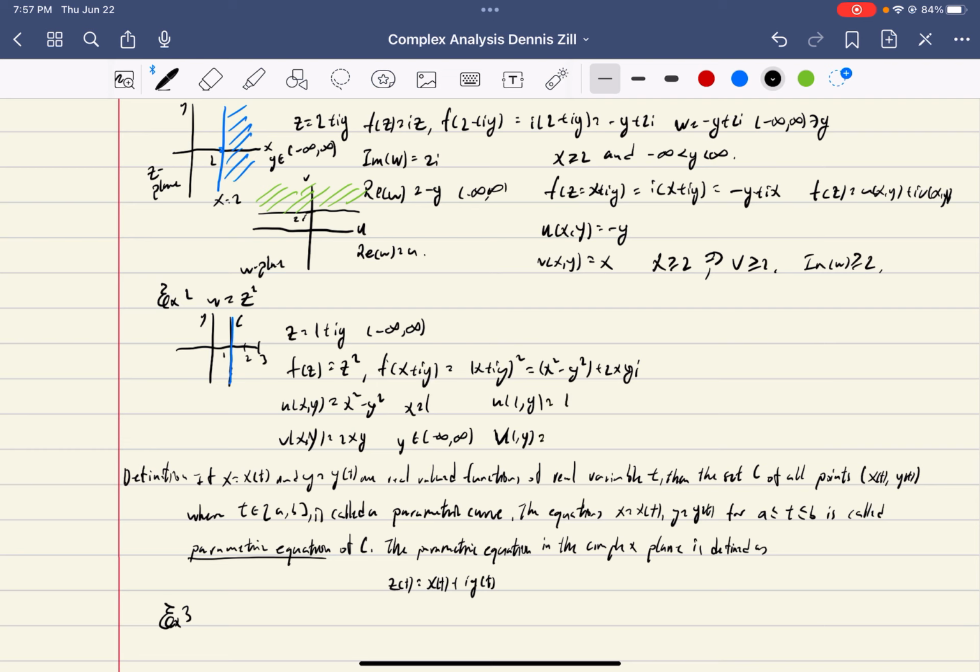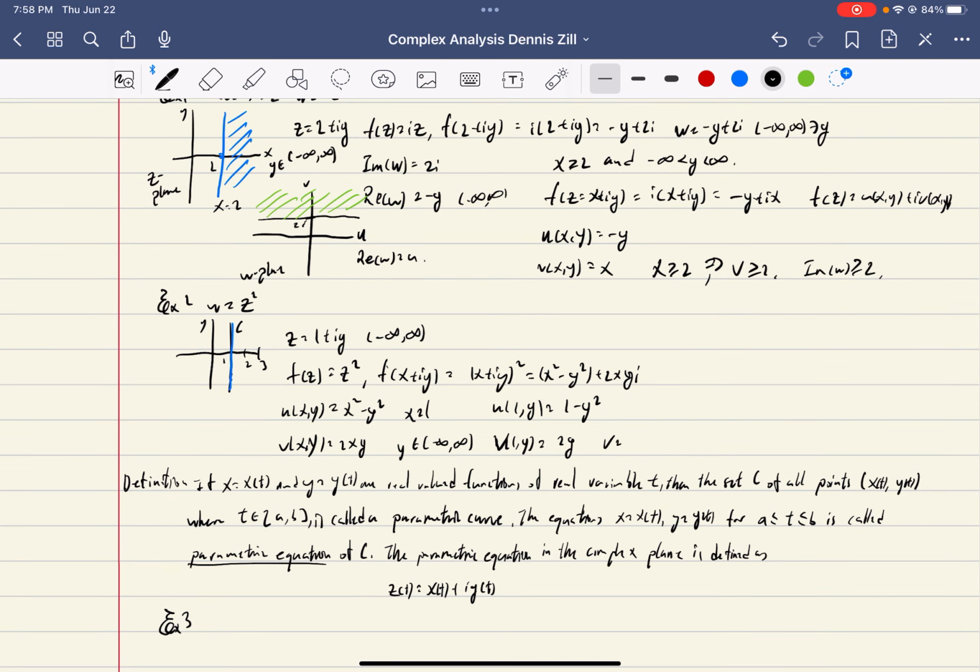Well, that gives us u equal to 1 minus y squared, and v equal to 2y, right? But what is y? Perhaps we can write y in terms of v. So we know that v is equal to 2y, then y is equal to, we divide by 2 on both sides, v over 2, right?